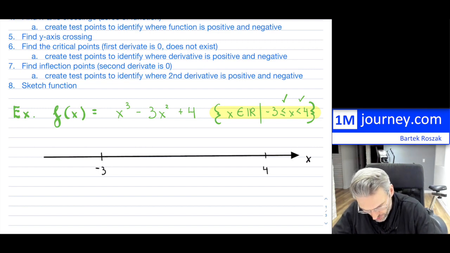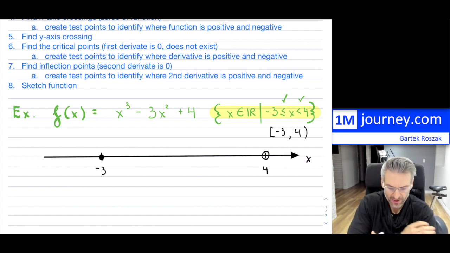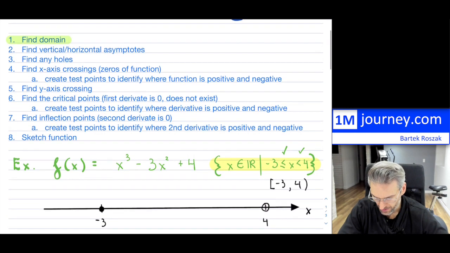It includes the -3, but it does not include the 4. So the way that we would do this is to constrain it in this particular way, where we use brackets. So there is basically our domain. That's where the function is going to live. So that's step number 1.